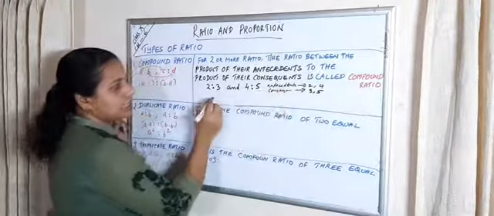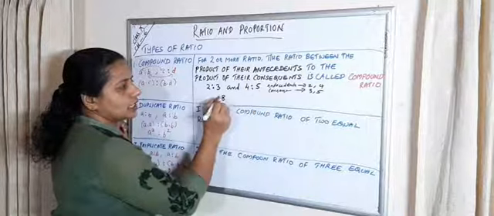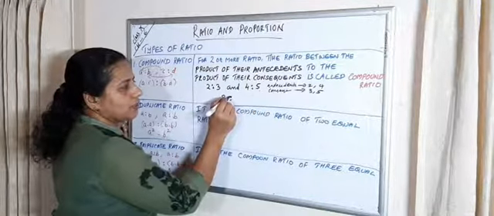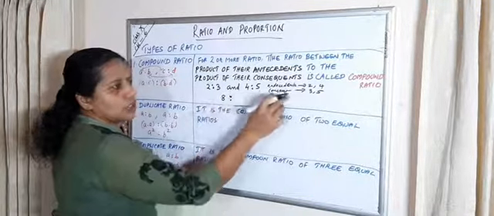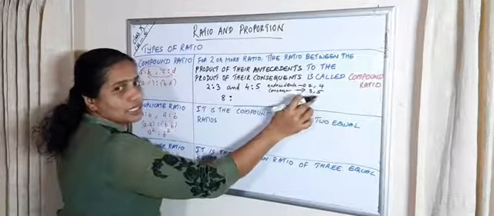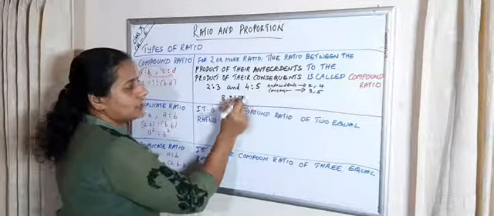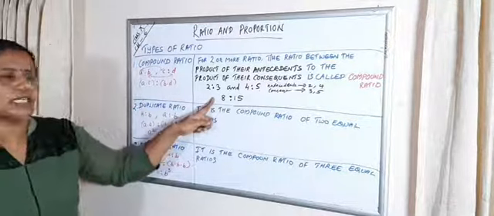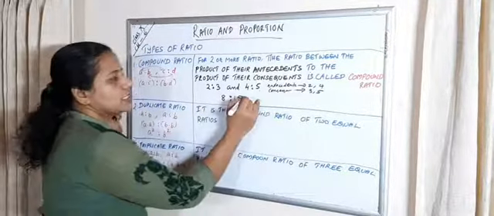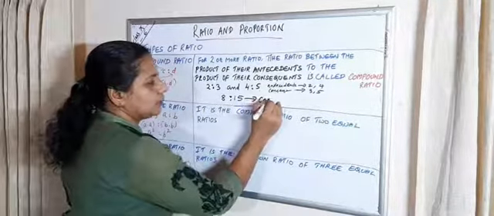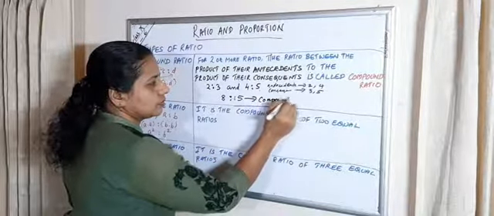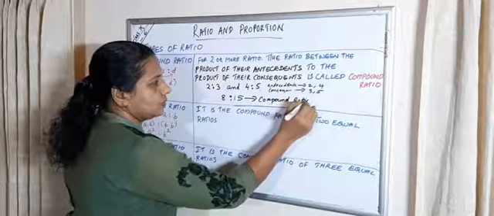Then the product of antecedents is 2 into 4, equal to 8, makes the ratio to the consequents. Consequents means 3 into 5, 15. So the compound ratio is 8 is to 15. Clear?